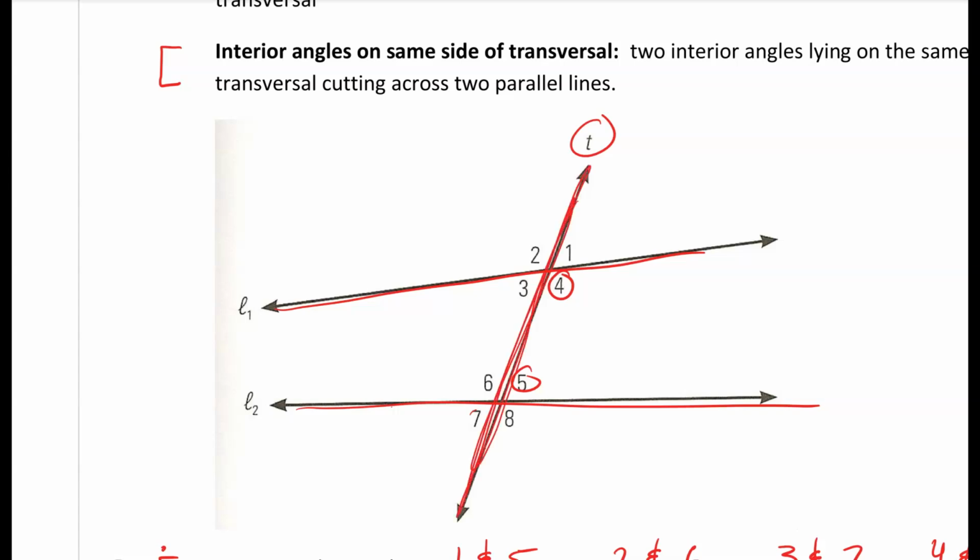So the transversal is going up and down, so they're on the same side. You could also have a reverse C, or it's kind of like an open box, where you'd have 3 and 6 on the inside, so they're interior angles, and they're on the same side of the transversal.